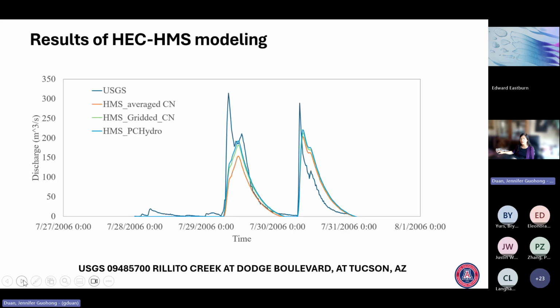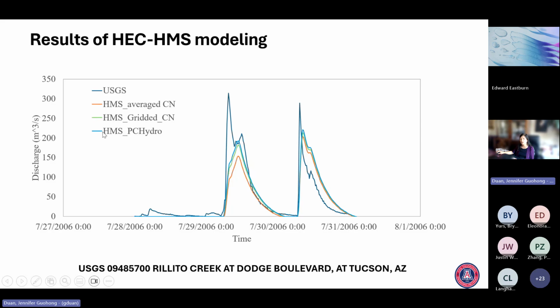Okay, and then it is at Dodge Boulevard. This is the simulated peak flow discharge for that event. So the blue curve is observed, and the new curve number approaches are the green and the orange.